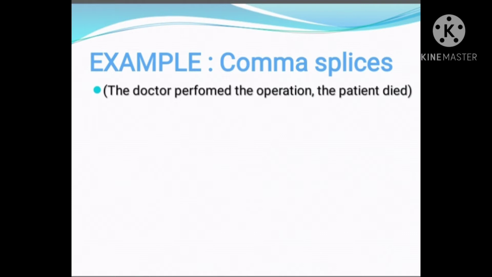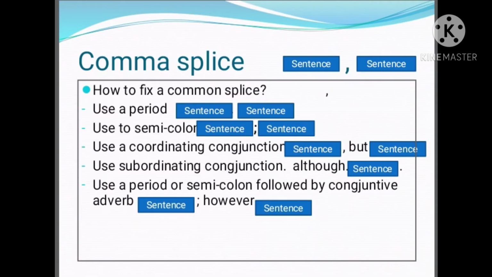Example of the comma splice: the doctor performed the operation, the patient died. How to fix a comma splice? We can use a period, we can use a semicolon, we can use a coordinating conjunction or FANBOYS: for, and, nor, but, or, yet, and so.